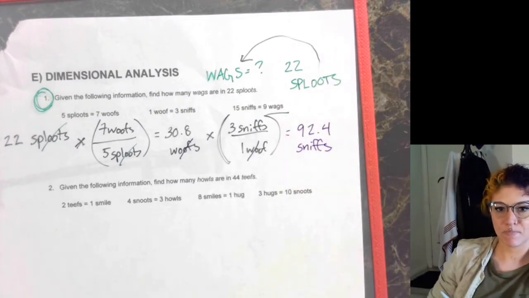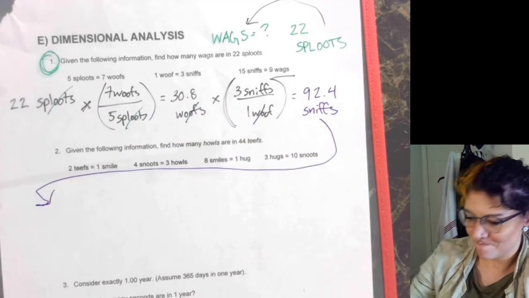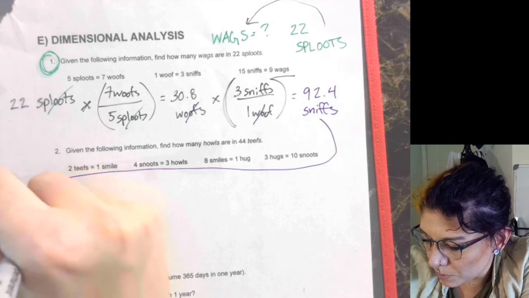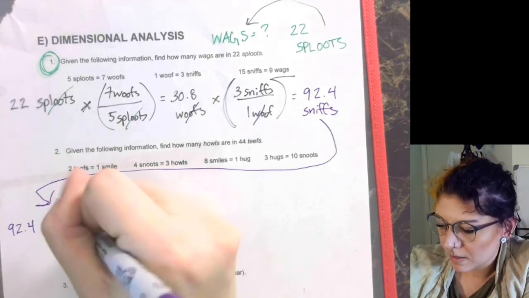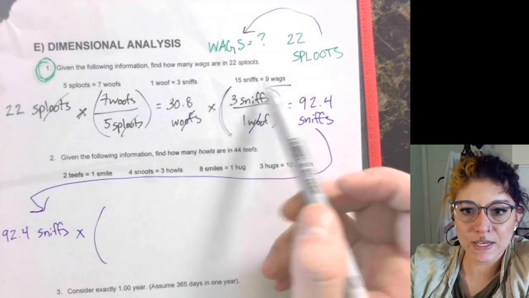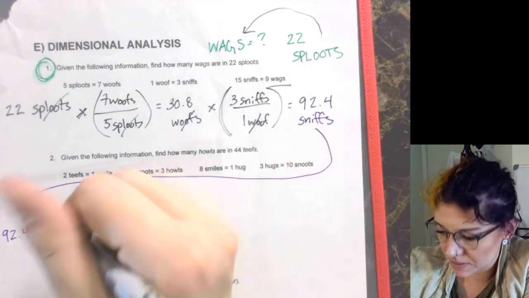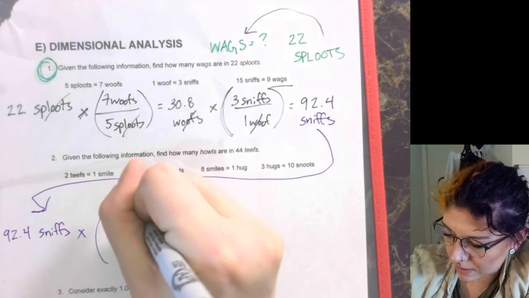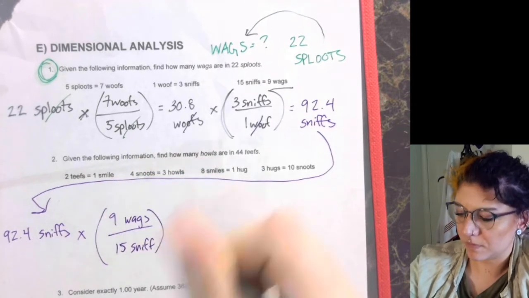sniffs. Okay, I'm going to start writing over here so that I have room. So 92.4 sniffs times my conversion factor here. There are 15 sniffs per 9 wags, or 9 wags per 15 sniffs. So 9 wags per 15 sniffs.